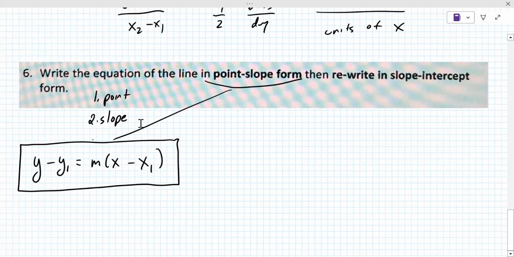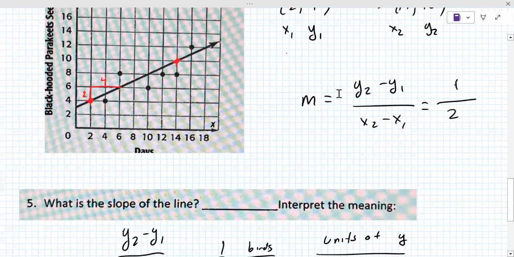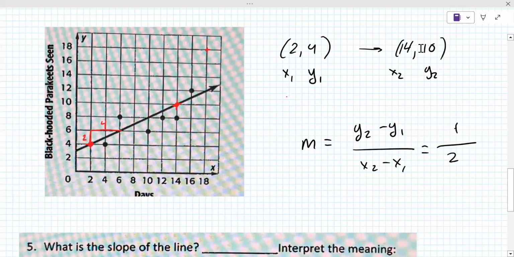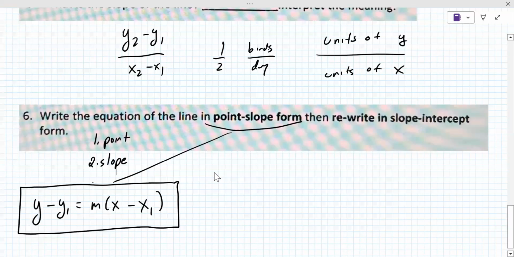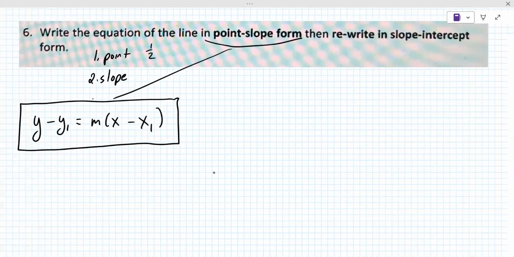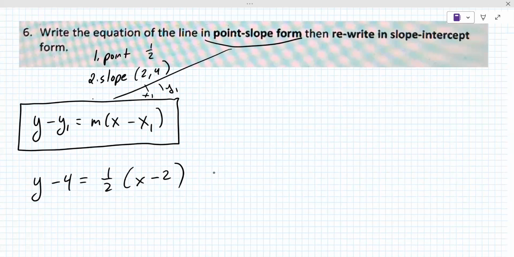Your point, you can use either of the points. You can either use the one here or the one here, or even another one that's on the line, but I would recommend just using one of the ones that was given. We'll pick the (2, 4). So it's 1/2, (2, 4). The 2 is the x1, the 4 is the y1. So this is y minus 4 equals 1/2 times x minus 2. Wow, I see. Okay.